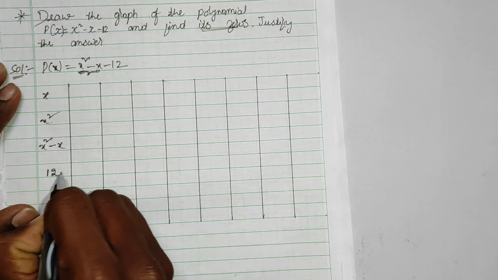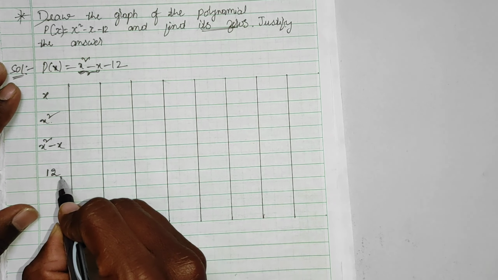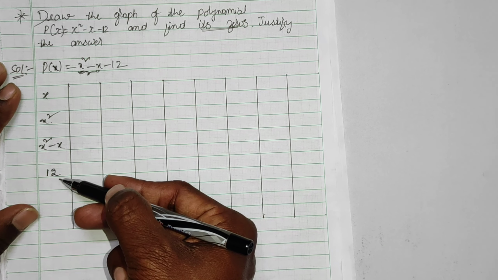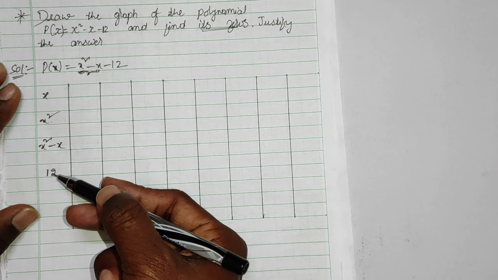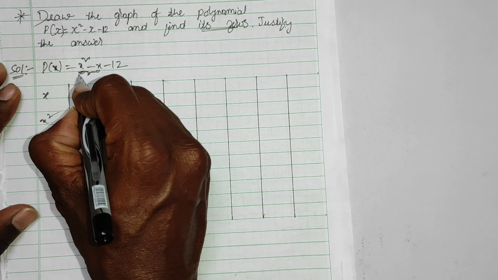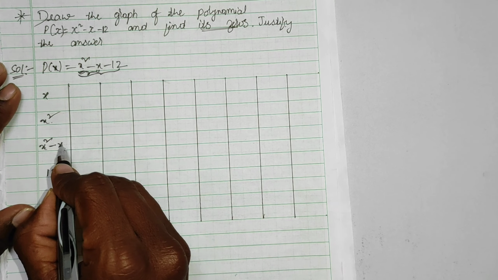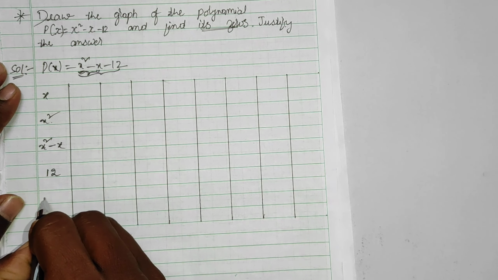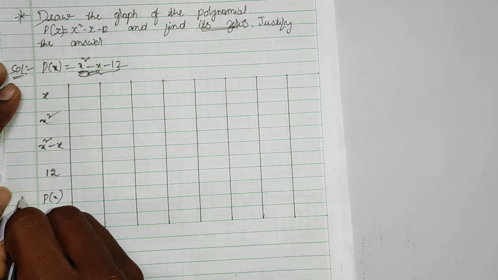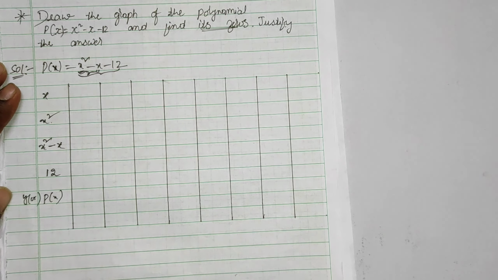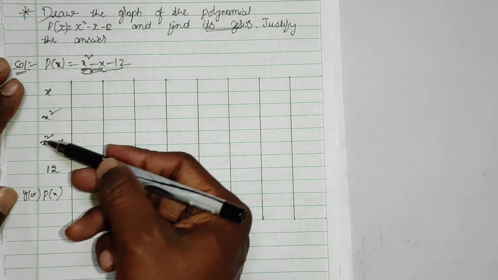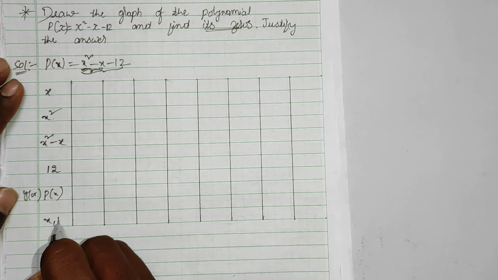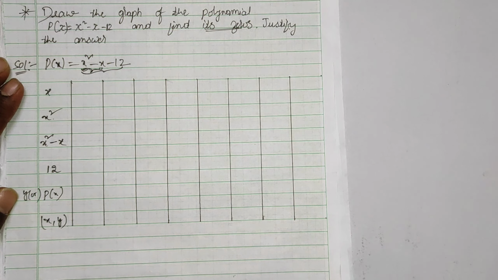After finding x square minus x, we will subtract this 12, and then consider the total value, these three terms, x square minus x minus 12, which is p of x, or you can consider it as y also. Last, we look at the points x and y that we have to locate.